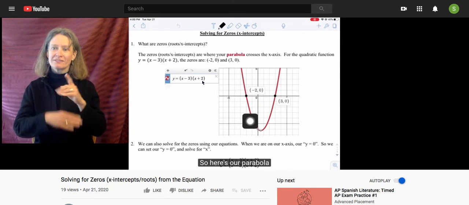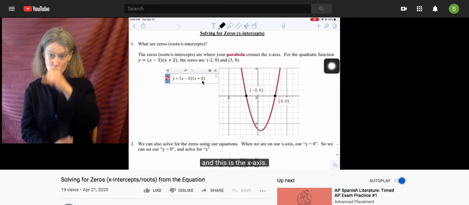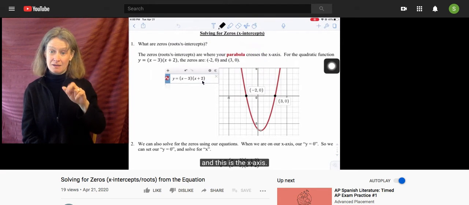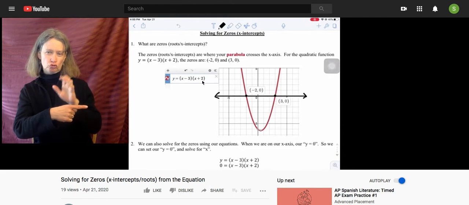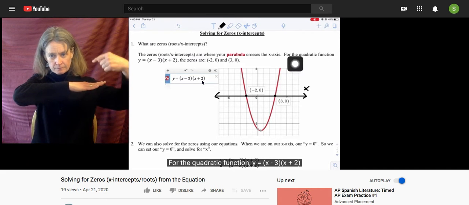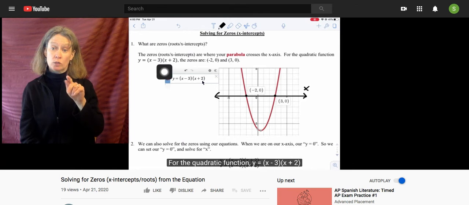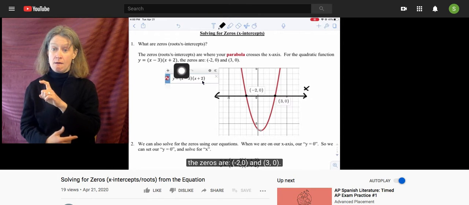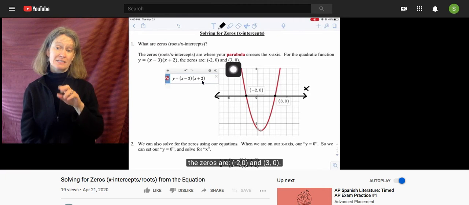So here's our parabola, and this is the x-axis. For the quadratic function y equals x minus 3 times x plus 2, the zeros are -2, 0, and 3, 0.